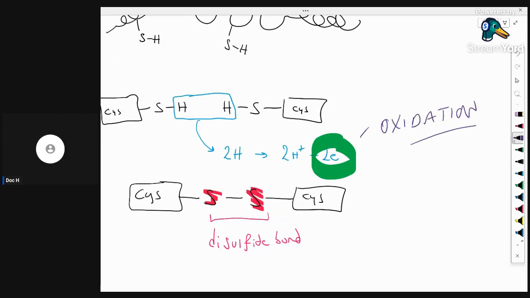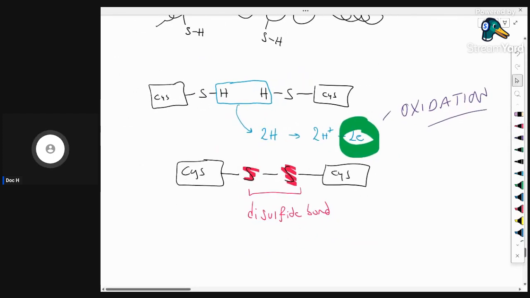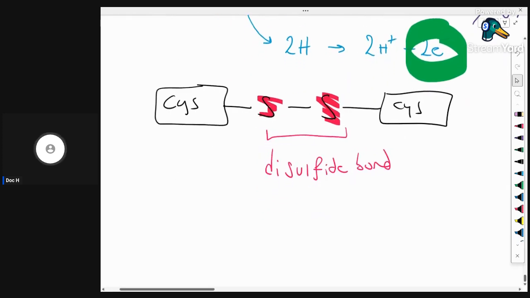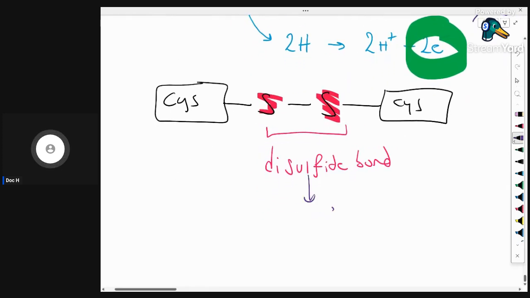So this is an example of an oxidation reaction. And it's important to note that it is an equilibrium, so we can reduce this and go back to the individual cysteines, but I'll leave that there. The key point is this is a strong covalent bond.